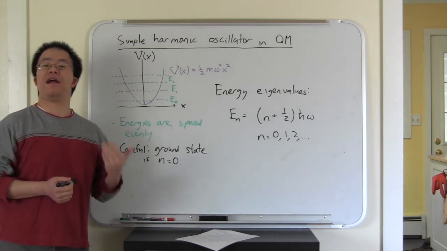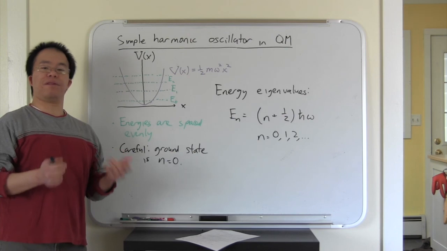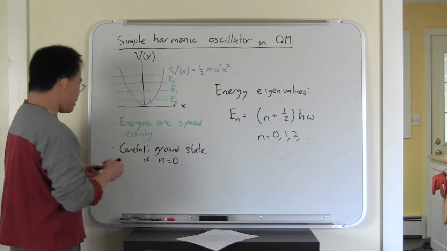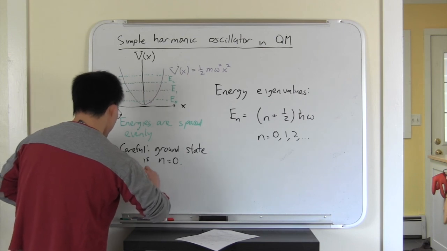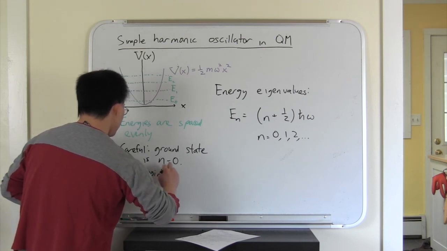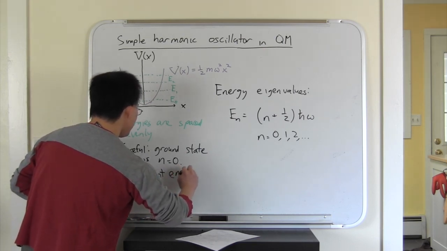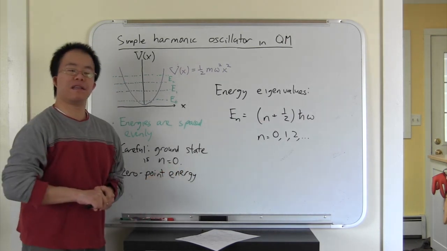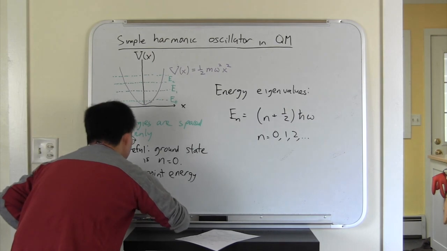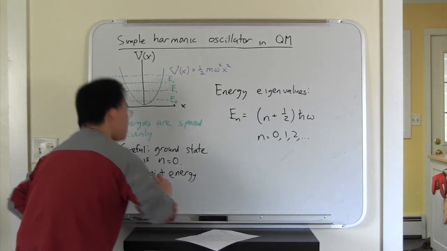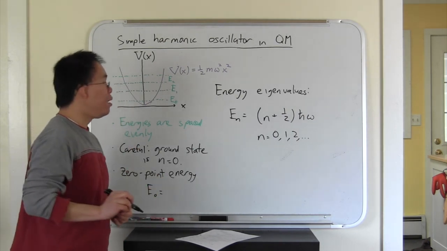There's one other thing that I want to point out, which is a similarity between the simple harmonic oscillator and either the infinite or the finite square wells. Notice that there's also a zero-point energy. Namely, the energy of the ground state, E0, is not 0.